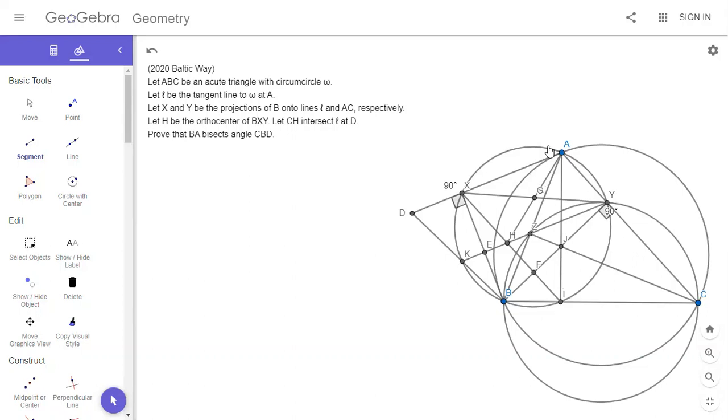Let's see. So we would be using Pascal's on A, Y, I, B, X, A. So A is twice. So it would be AA, YI, BX. No, there is a point K also, so I think it should be AYIBKX.